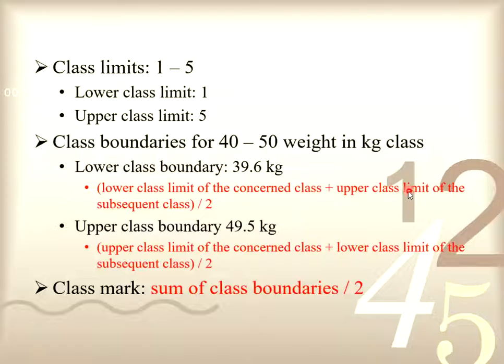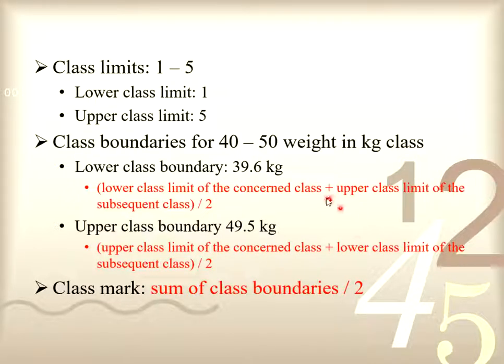So this is our formula. Lower class limit of the concerned class plus upper class limit of the subsequent class, divided by 2 gives the next upper class boundary. Upper class limit of the concerned class plus lower class limit of the subsequent class, divided by 2.